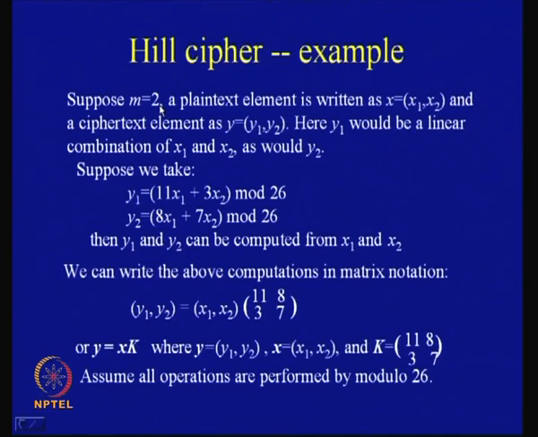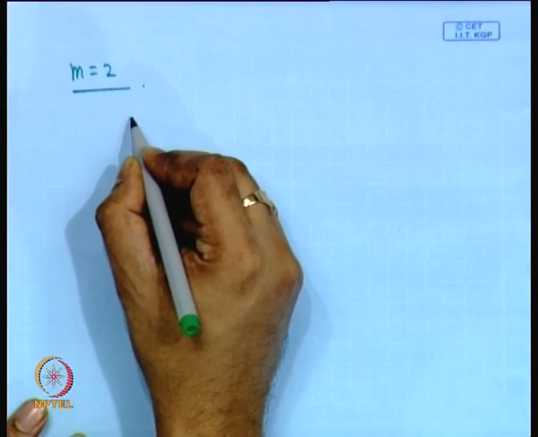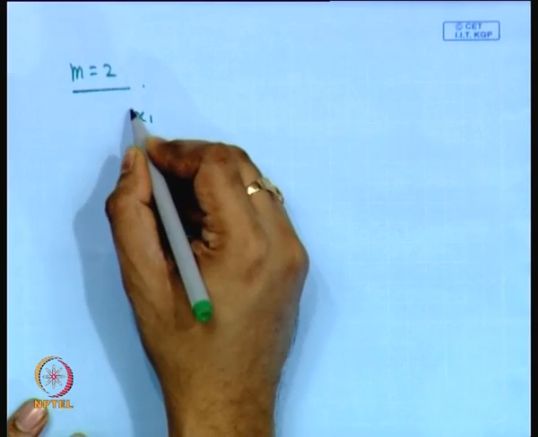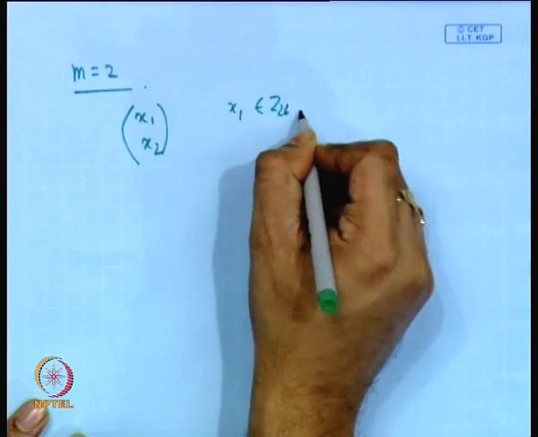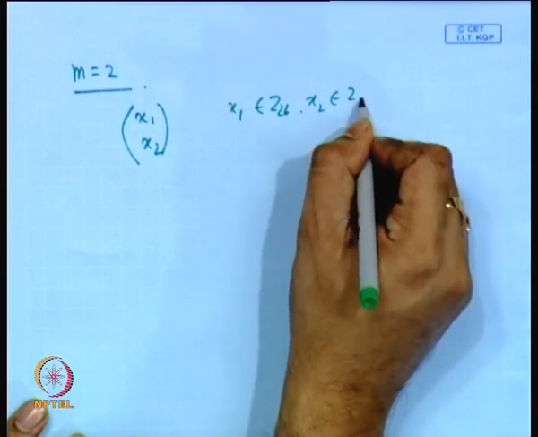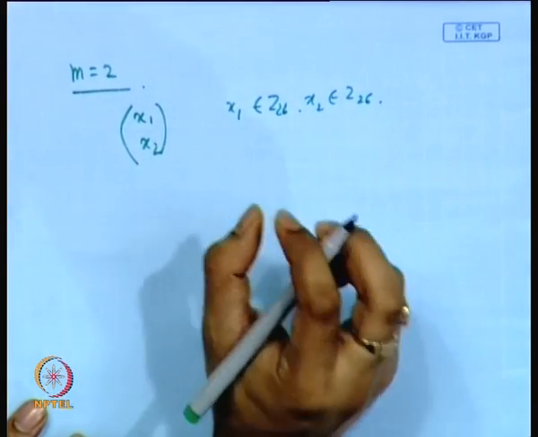So I am considering the m equal to 2 case. Let us consider a plain text x1 and x2, where x1 belongs to Z26 and x2 also belongs to Z26. Both of them are Z26 elements.